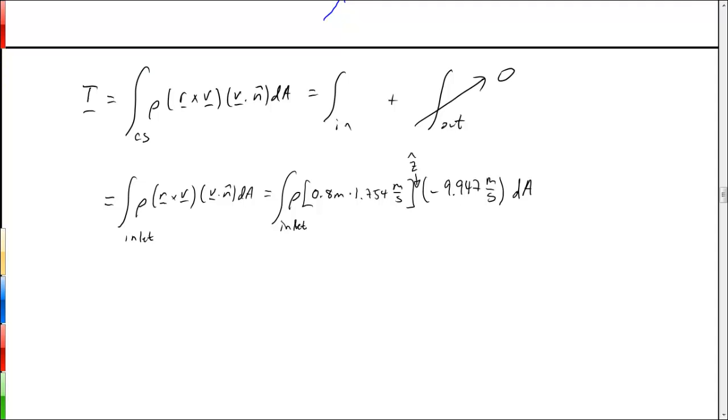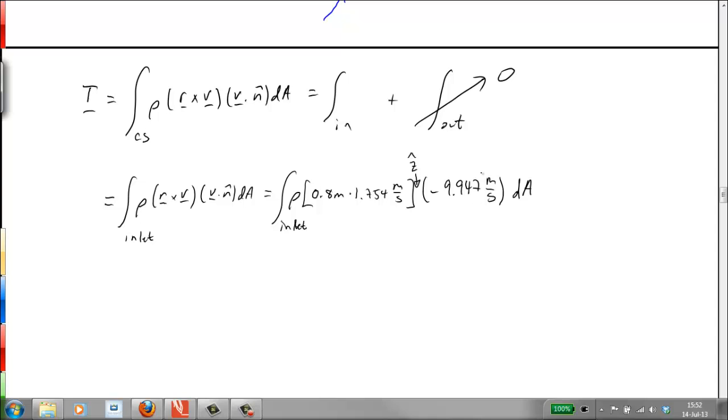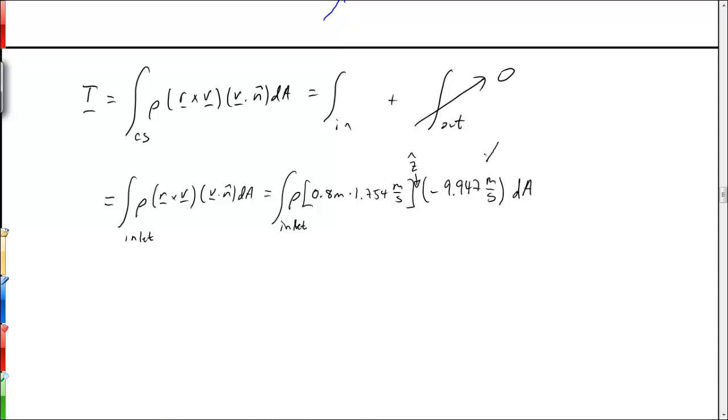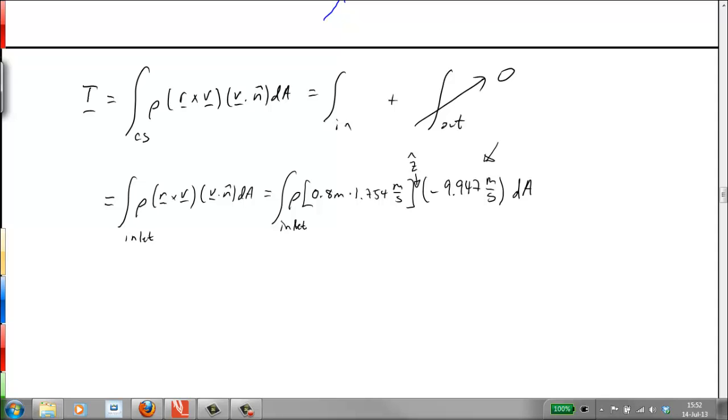So now when we do the integral over the area, because we've assumed steady in the mean, the flow across the boundary that's normal to the boundary integrated over the area is just going to give us Q, in this case minus Q, because we have a minus sign here.